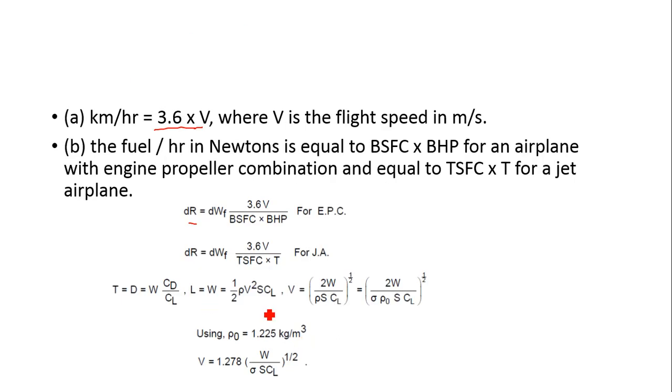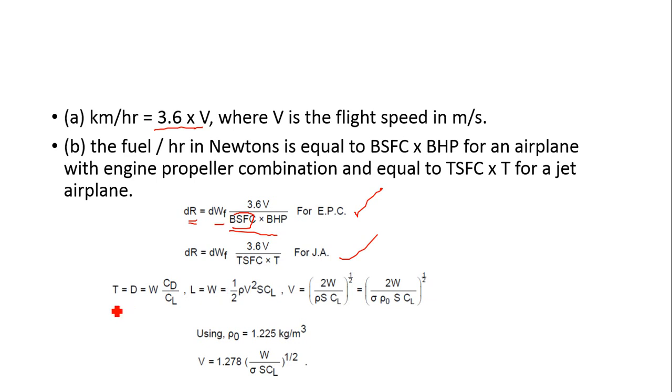So we write dr equal to dWF into 3.6 V divided by BSFC into BHP. This is for the propeller engine combination. For the jet engine combination, in place of BSFC into BHP, it will be TSFC into T. Okay, this is for jet powered. Just note these two formulas.